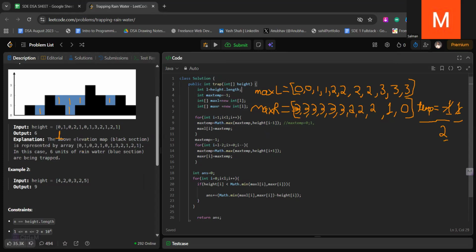And then I declared a temp as -1. And then I kept updating this max temp with the height of I -1 and the temp. And then I updated this max L with the max temp. So ultimately I got this array after that.